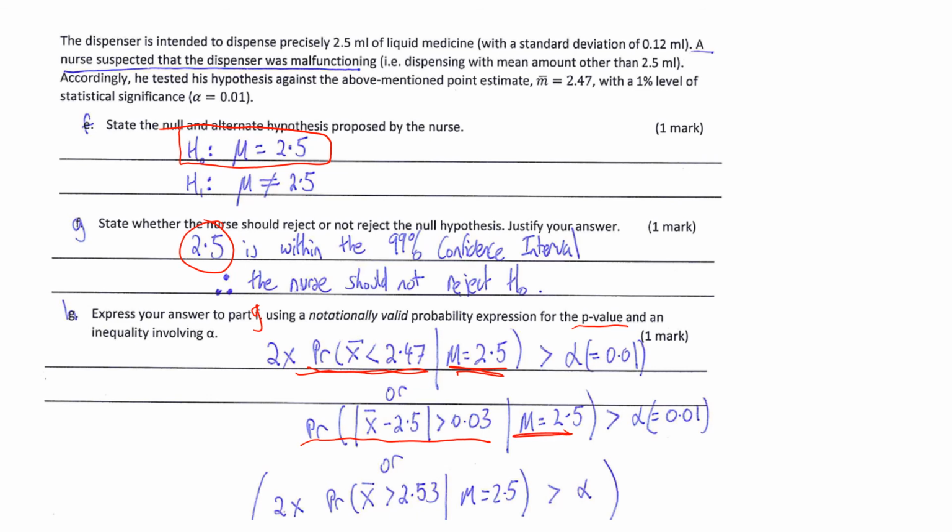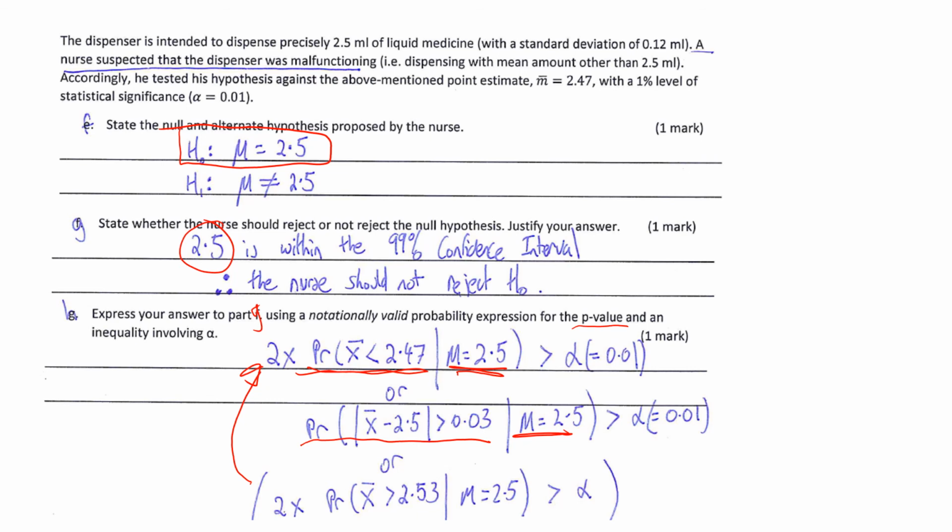And here is the third way, of course, going at the top end. So 2 times the probability, so it's linked to that first option. Rather than saying that X bar is less than 2.47, you say X bar is greater than 2.53. The same distance from the center, but looking at the top end of the tail and multiplying it by 2.